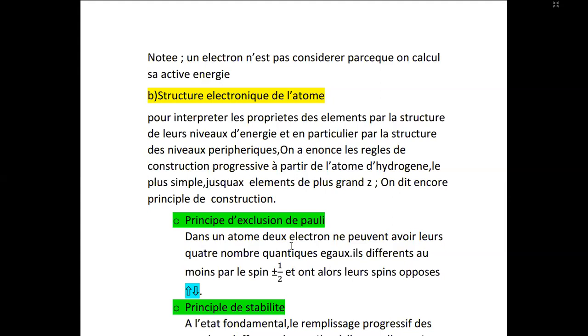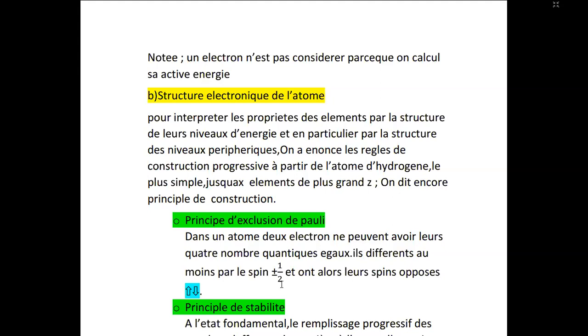Most of the time it's the spin which is different if you have 2 electrons in the same room. Il est différent au moins par le spin: you have a spin positive, an electron moving clockwise, an arrow pointing up, and the spin negative, an electron moving anti-clockwise, an arrow pointing down.